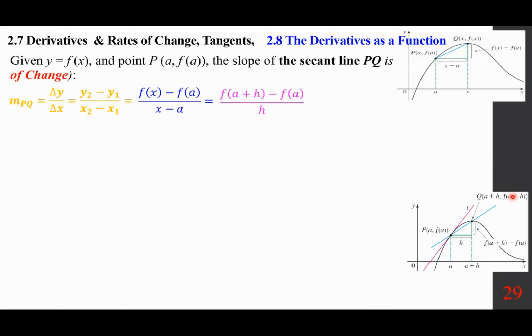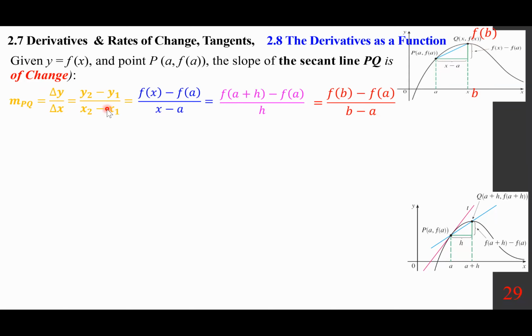f of A plus H minus f of A, and then A plus H minus A gives us H. If we call this point B, which means now instead of f of x, we have f of B, then it gives rise to f of B minus f of A over B minus A, meaning all of them are the same thing, the good old slope.